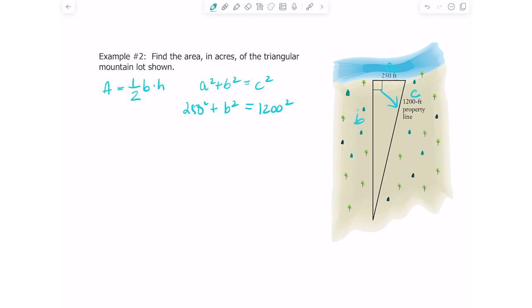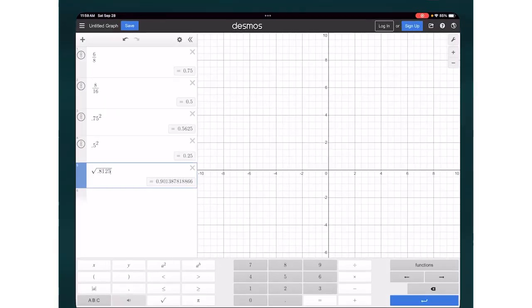Okay, now I need to solve for B squared, so I'm going to move some things around. I'm going to subtract this 250 squared, and I'm going to have B squared equals 1200 squared minus 250 squared. And if you recall from the last problem, if I want to undo a square, I have to take the square root. So now I'll be left with just the height, which is B. So I'm just going to type this in, the square root of 1200 squared minus 250 squared.